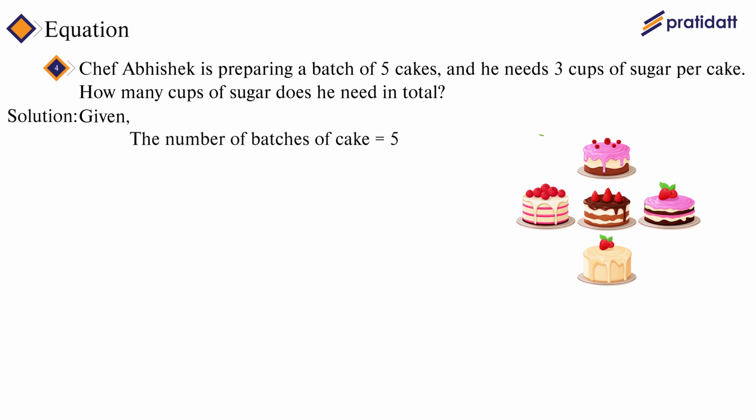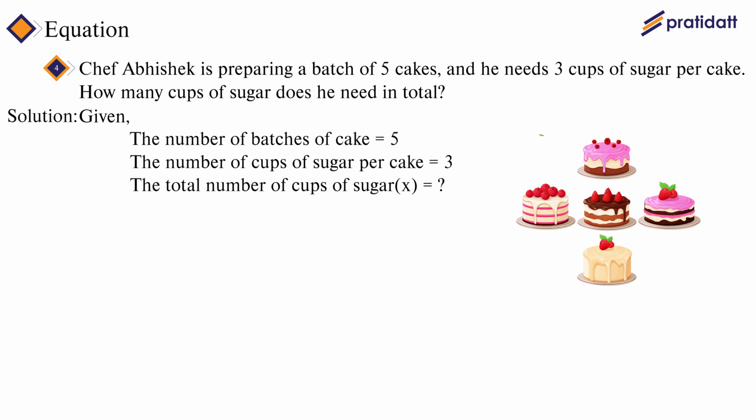Given the number of cakes is 5. The number of cups of sugar per cake is 3. The total number of sugar cups x is unknown. So the equation of interest is x divided by 5 equals 3.